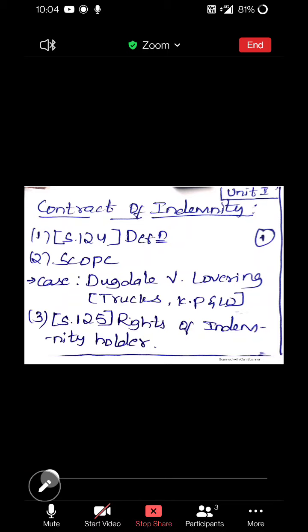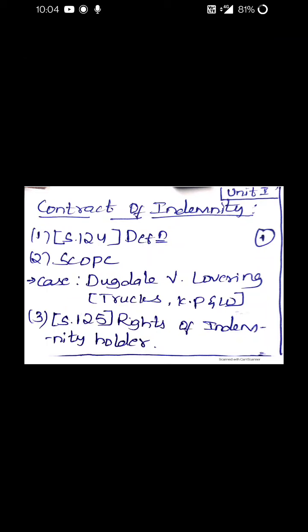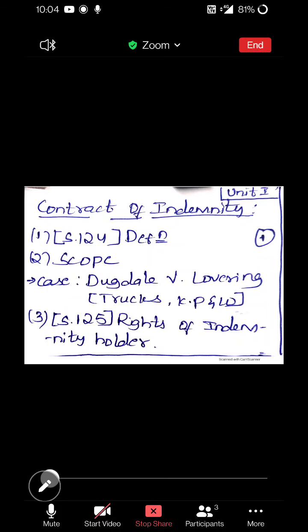There is a case, Dugdale versus Lovering. In this case, the plaintiff supplies trucks. So, this KP and Co. is the owner, and the defendant claims that the trucks are theirs. The plaintiff sends the trucks to the defendant, but asks the defendant to indemnify the losses if the defendant is not the owner.